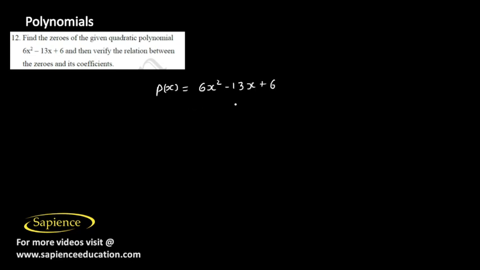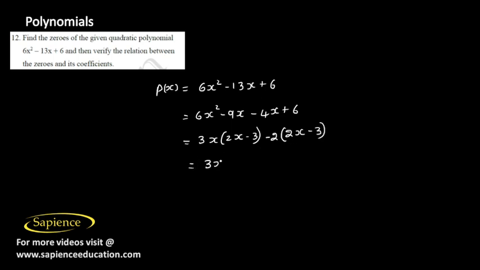Now we need to split them in the form 6x square minus 9x minus 4x plus 6. From these two terms we can take 3x common outside. So 3x into 2x minus 3. From these two terms we will take minus 2 common outside. So minus 2 into 2x minus 3.